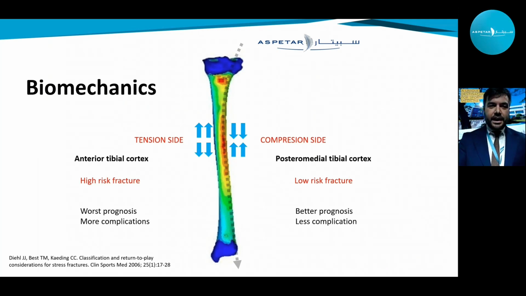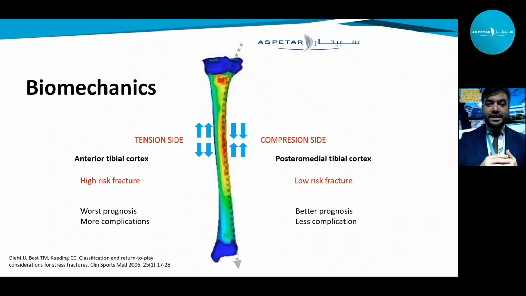Regarding the biomechanics, we also have to understand that bone stress injuries happen in specific areas of the bone. They don't appear anywhere. Normally, they affect the maximum tension side of the loads and the maximal compression side of the bone.